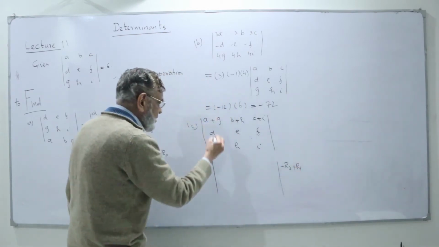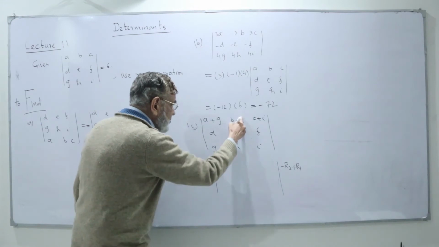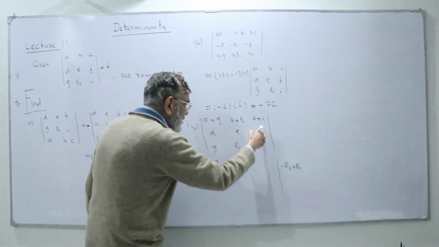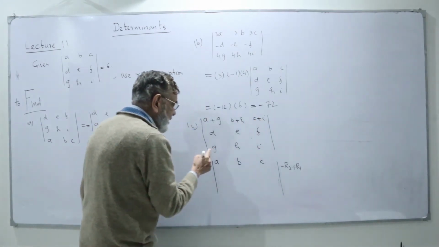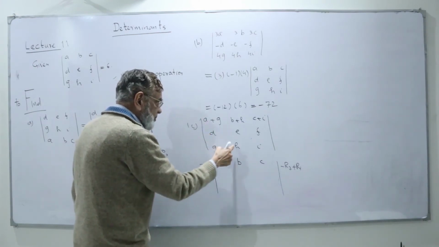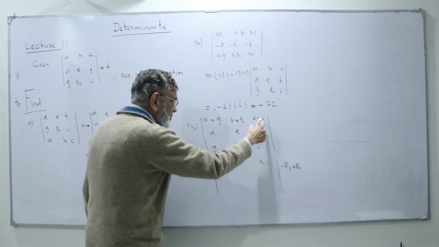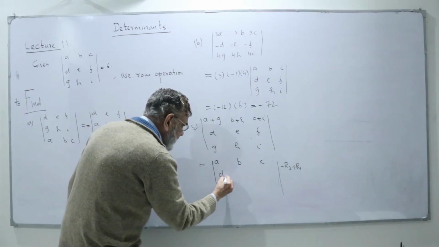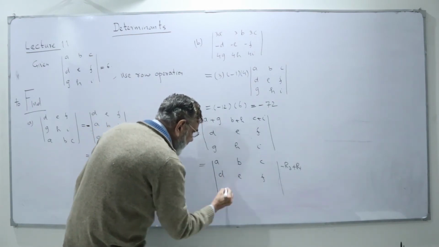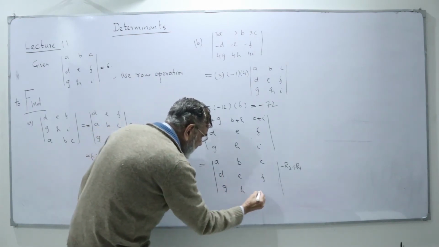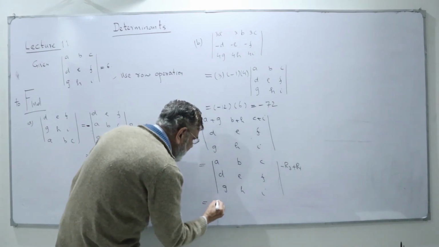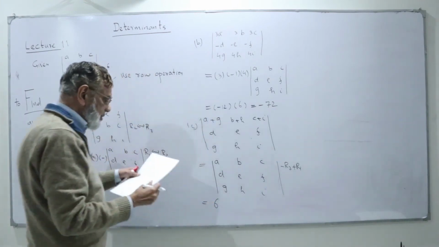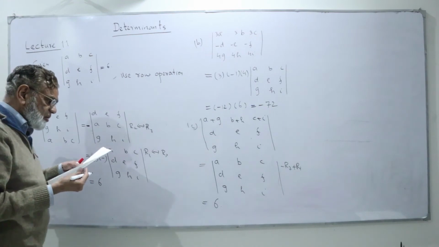So minus G plus G, we get here A, minus H plus H, we get here B, minus I plus I, we get here C. I get here D, E, F, and get here G, H, and I. So the given value is equal to 6. So this is my result.